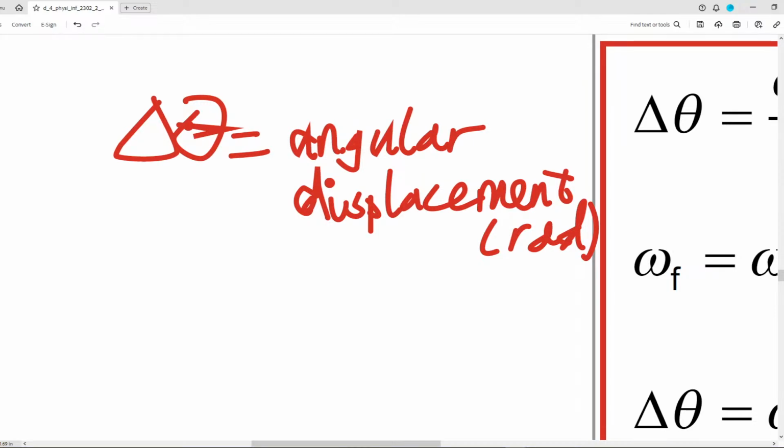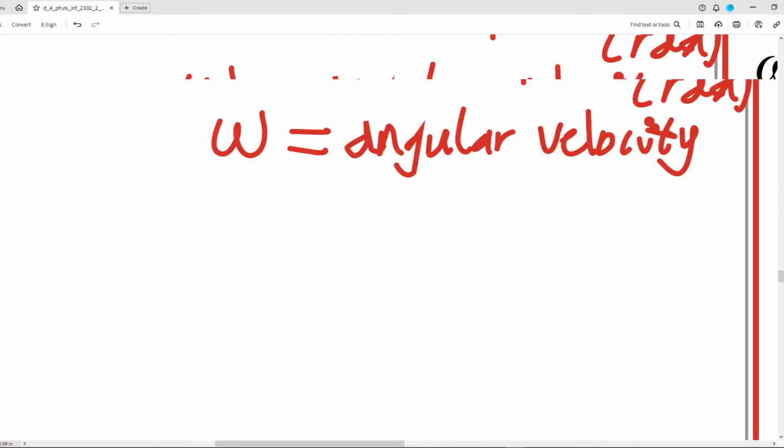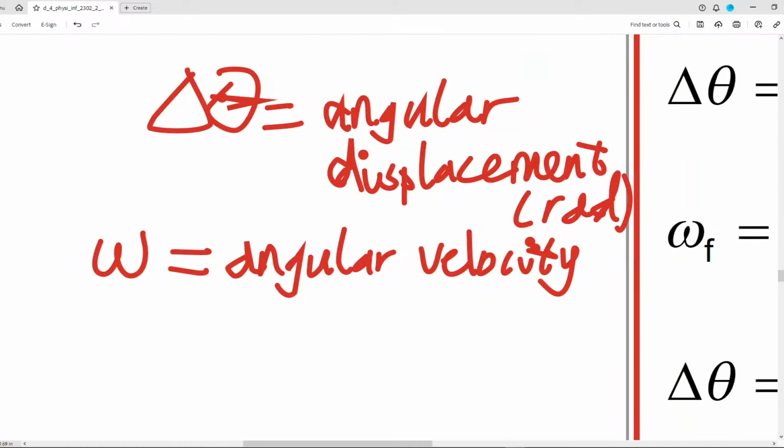Omega is angular velocity, initial and final. I and F speak for themselves. It's actually just the change in theta over time, just like displacement over time.